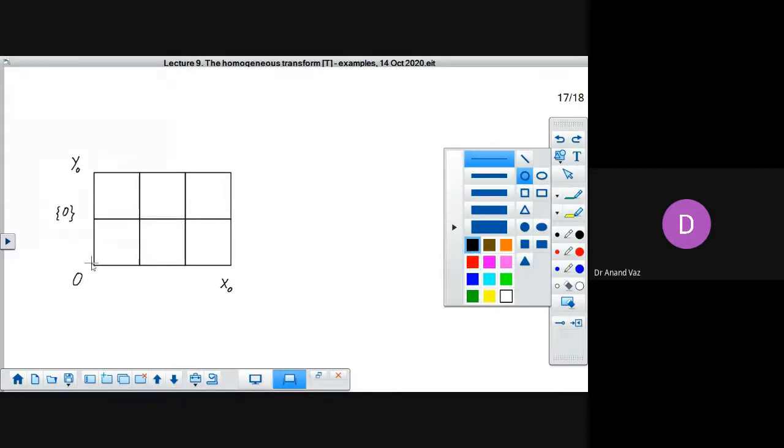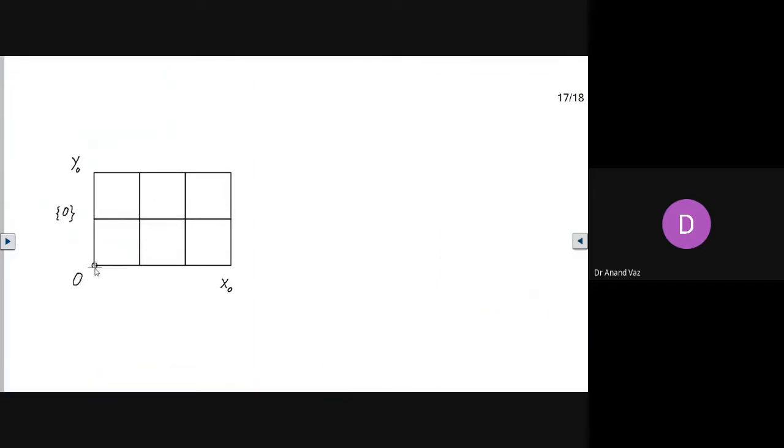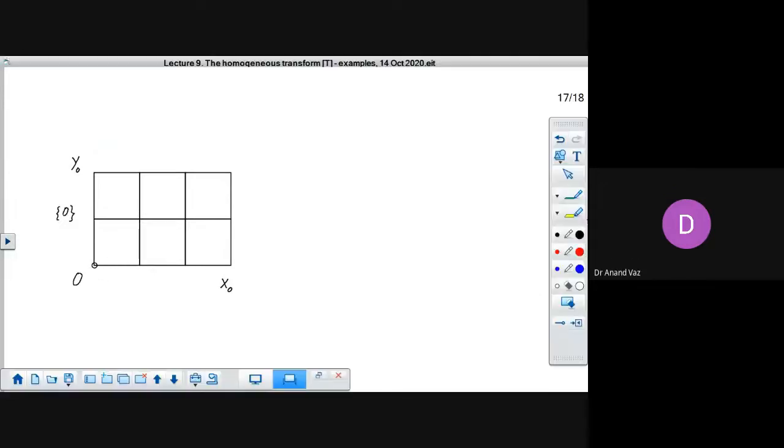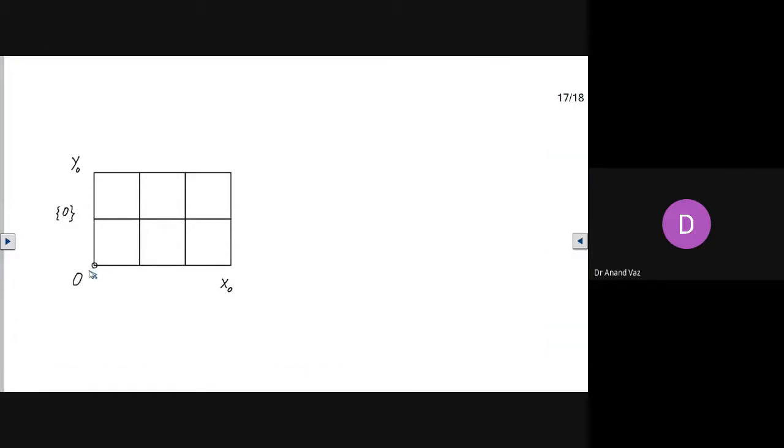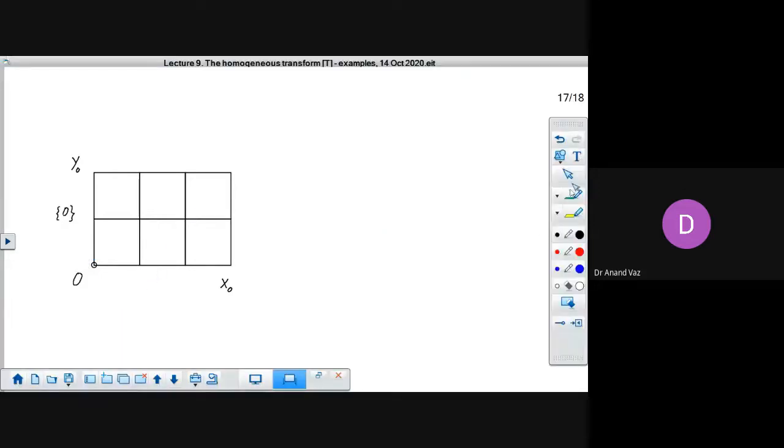We just need a small circle here and a dot. So this becomes the z-axis, as if this z-axis is coming out of the plane. So this is our z-axis, z0.